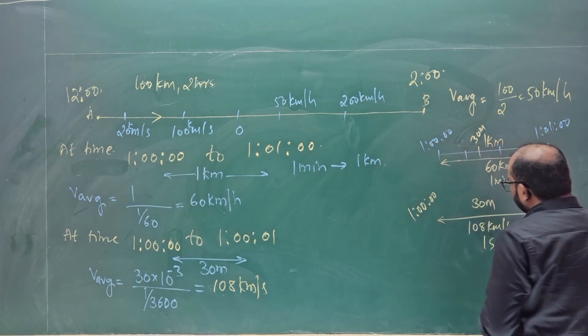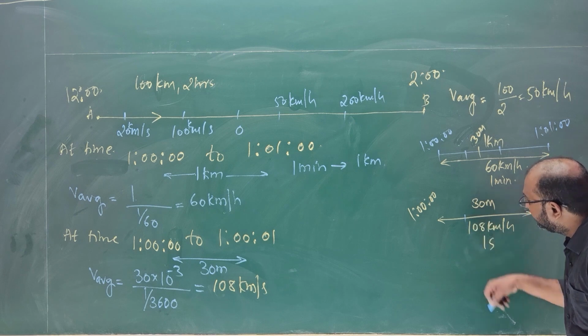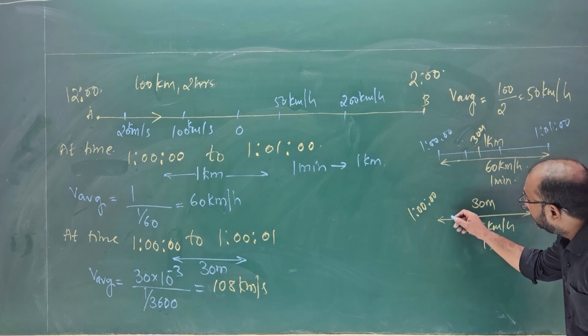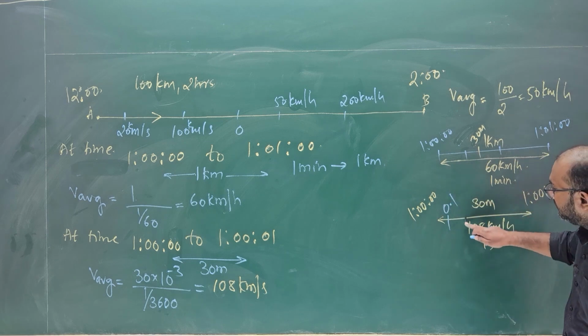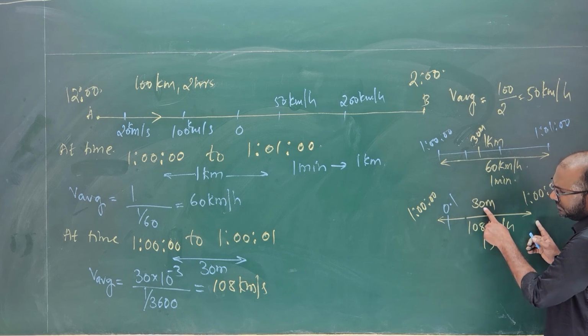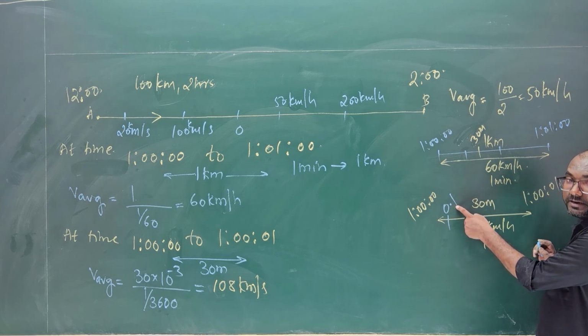If someone asks you what the velocity is when you reach 10 meters, or when you reach 0.1 meter, that means if in 1 second I am traveling 30 meters, obviously 0.1 meter can be traveled in milliseconds.